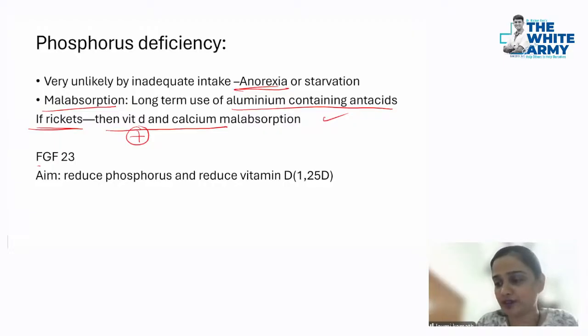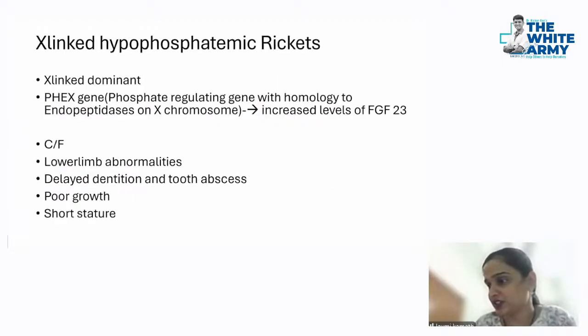Okay, and we have to remember FGF23, fibroblast growth factor 23, which causes reduced phosphorus levels and reduced vitamin D levels by inhibiting 1-alpha hydroxylase. Now next, coming to different forms of hypophosphatemic rickets. Let's start with X-linked hypophosphatemic rickets. Like the name tells, it is X-linked dominant.